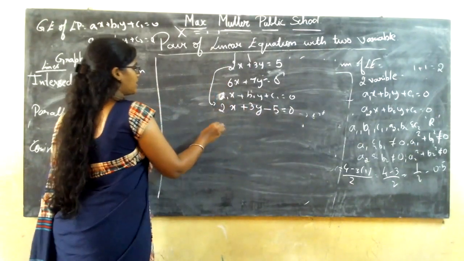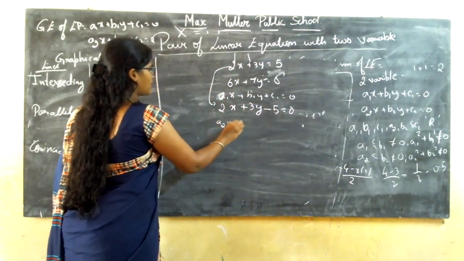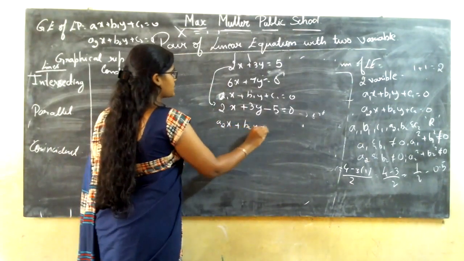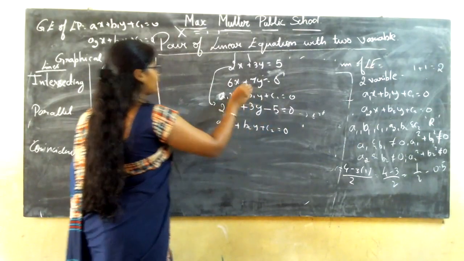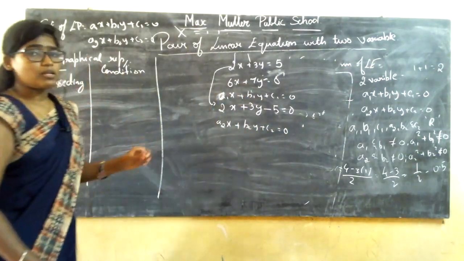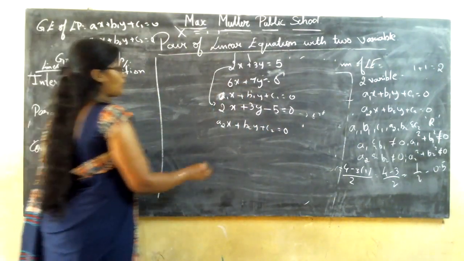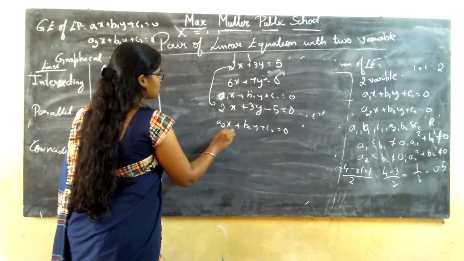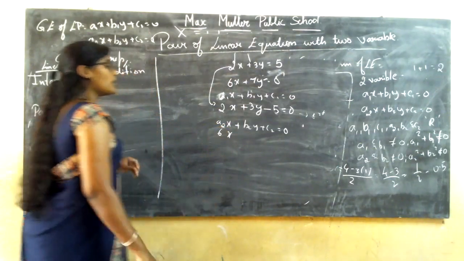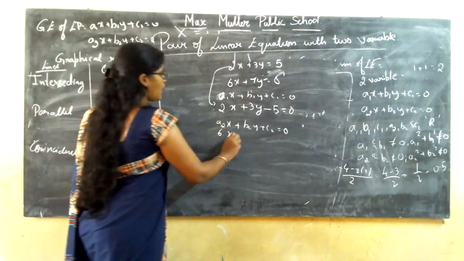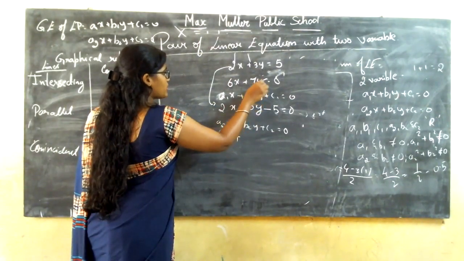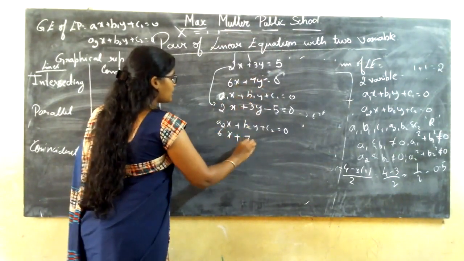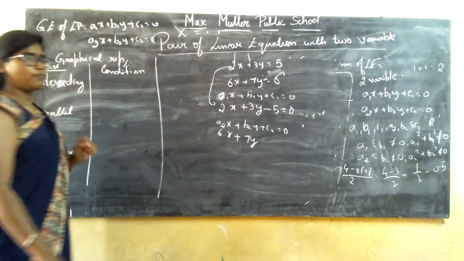Then coming to the second line, let me write the general equation for the second line, that is a2x plus b2y plus c2 is equal to 0. Whatever coefficient I have for the x term is replaced for a2, and whatever coefficient I have with y is replaced in the place of b2.